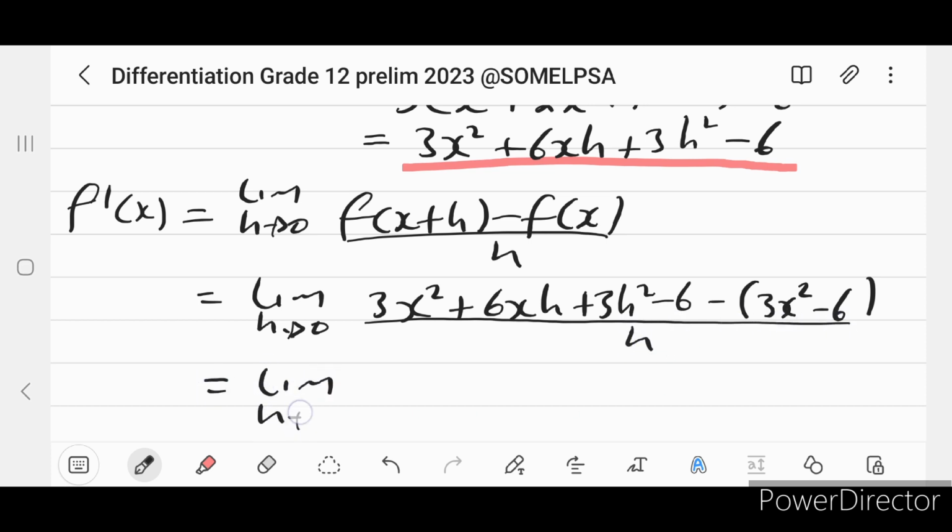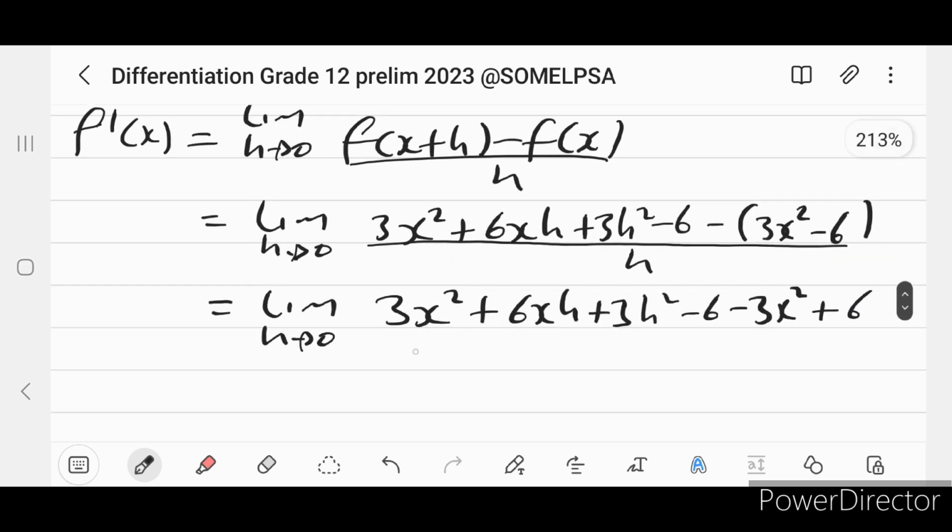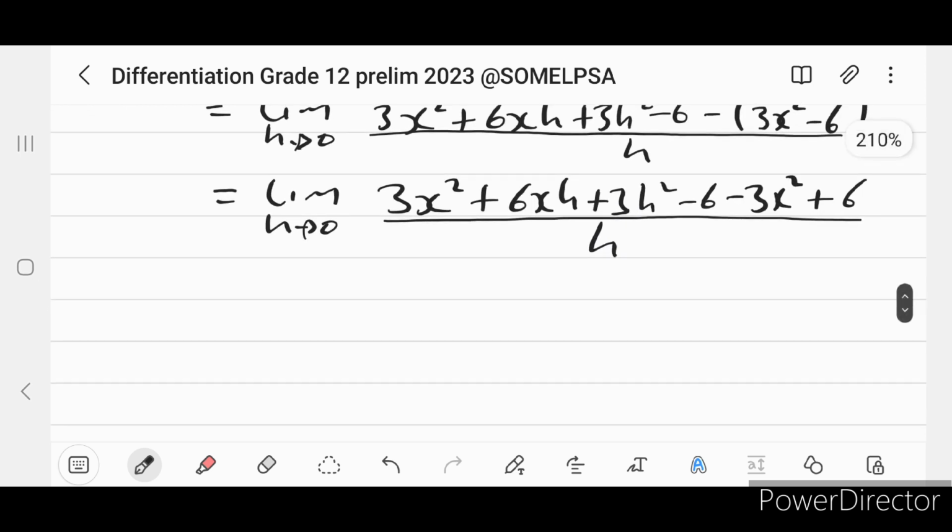Limit as h approaches 0, 3x squared plus 6xh plus 3h squared minus 6. This times this is minus 3x squared plus 6, divided by h. Therefore, what cancels what?